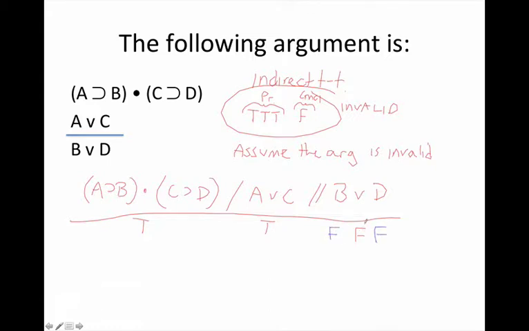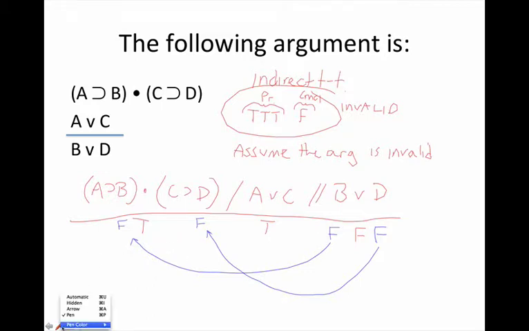Remember, what we're doing is testing this argument to see if we can maintain invalidity. In other words, if there is a row on which this argument comes up invalid, the indirect truth table method will find it. Now, if B is false, we plug that value into its respective locations. Then we come back out and ask what we'd need in order to maintain a true conjunction.